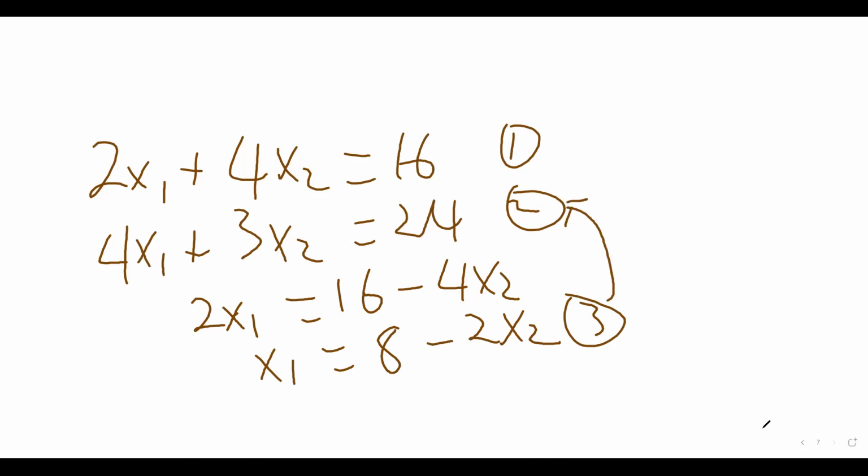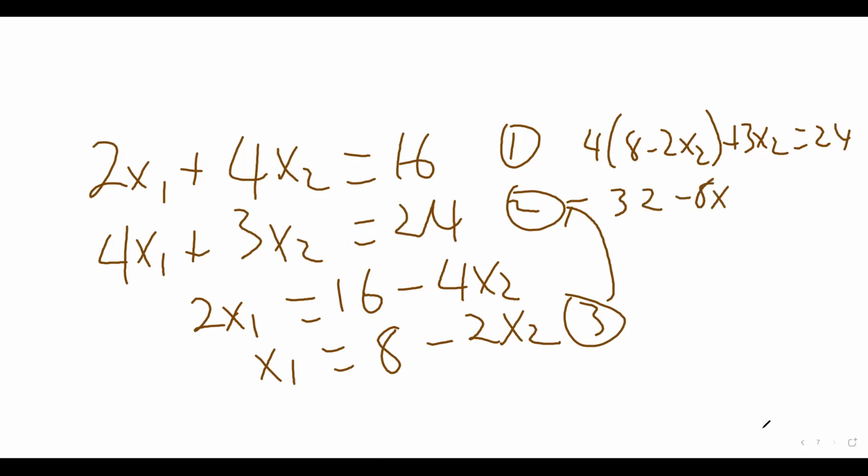And so you have 4 into bracket 8 minus 2x2, close bracket, plus 3x2, equal to 24. So that gives you 32 minus 8x2 plus 3x2 equal to 24.